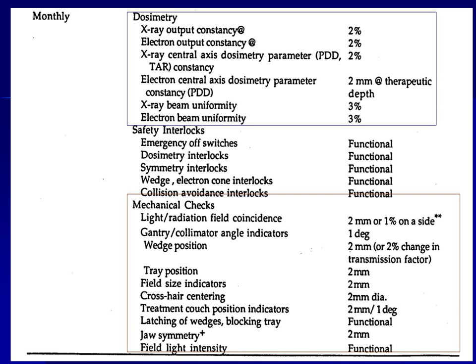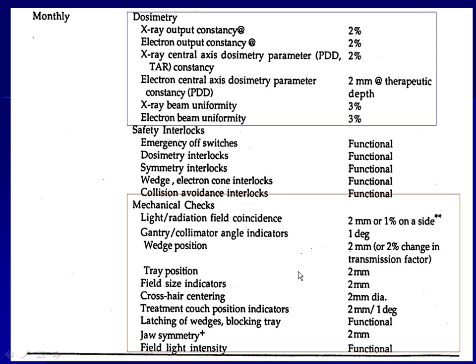And here's some monthly, again from TG40, we pretty much follow. We have some mechanical checks that the light field and radiation coincidence are correct, that when we shine the light field, that's actually where the radiation is, not being steered off on an angle, that they coincide. That all these mechanical indicators are correct within a degree, and so on and so forth.